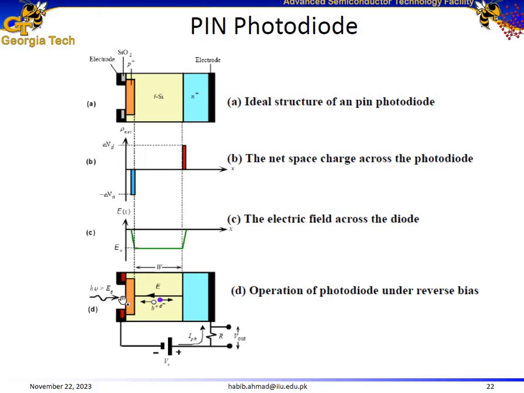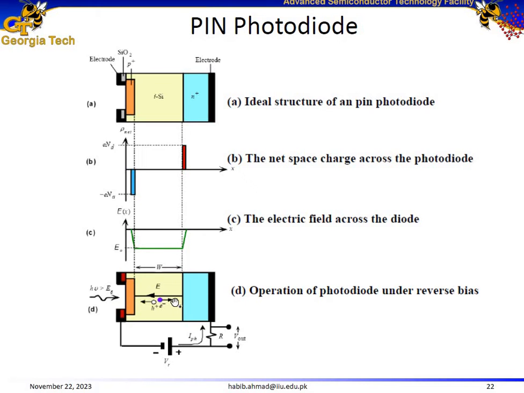When photons are incident at this surface on the p-type layer, and if the energy of the incoming photons is greater than the band gap of this semiconductor, they are going to travel some distance inside the semiconductor. For example, assume they travel to a certain distance inside the I layer of the PIN configuration. So it's going to result in the generation of electron-hole pairs.